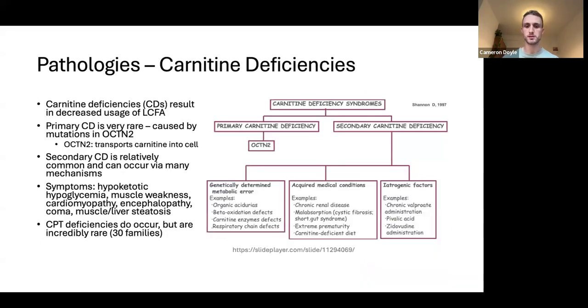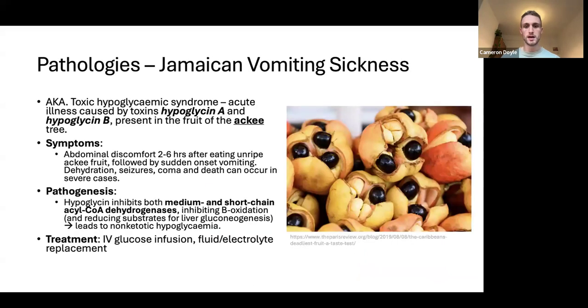Carnitine deficiencies, I'm not an expert on this, but again, this is something you can read in your own time. And Jamaican vomiting sickness, I thought this was quite niche. I'd actually never heard of this before I made these slides. But apparently you have toxins from the ackee fruit, which presumably was originally found in Jamaica.